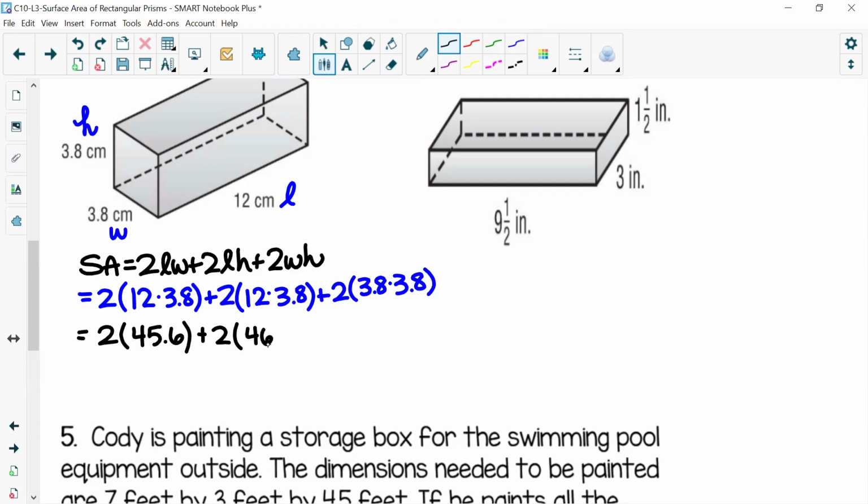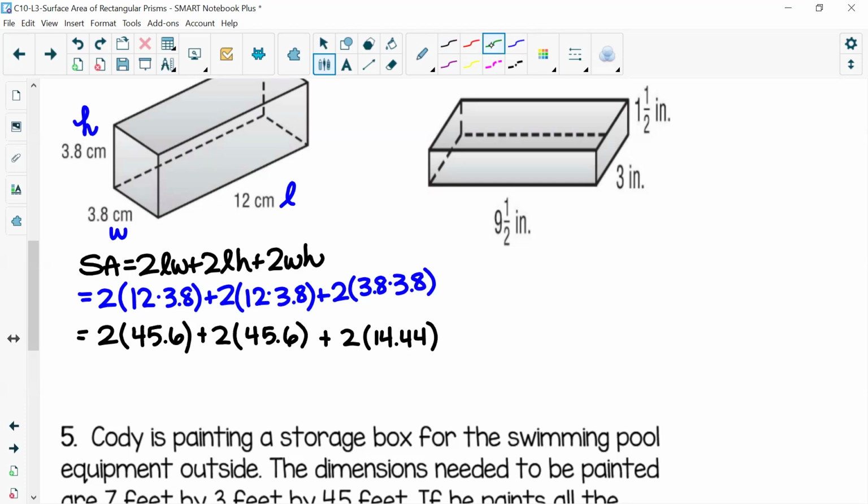So we have 45 and 6/10. And then last, we have 3.8 times 3.8, which is 14.44.